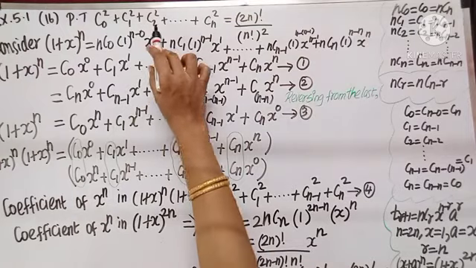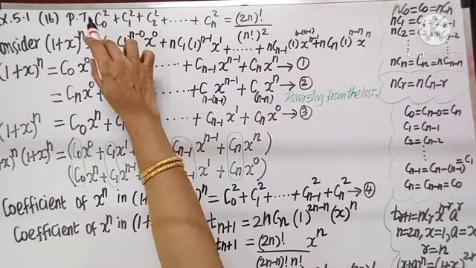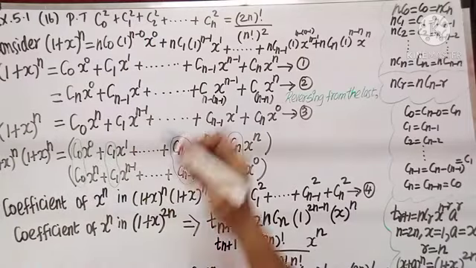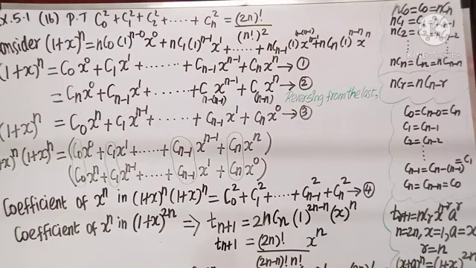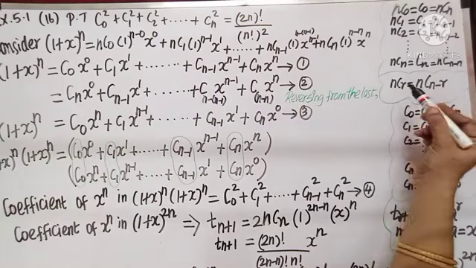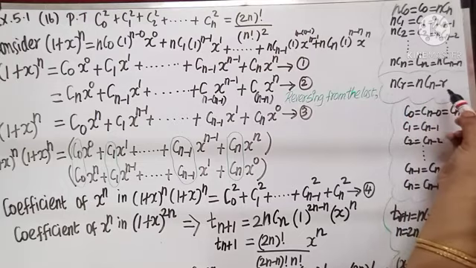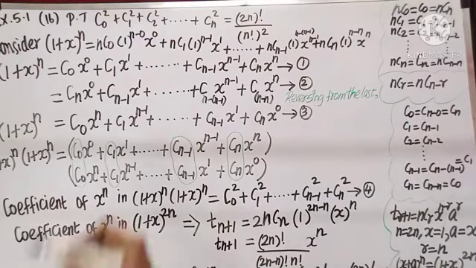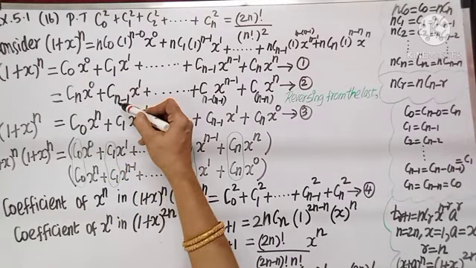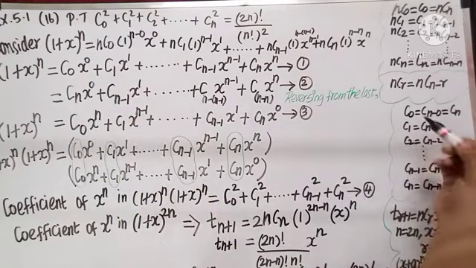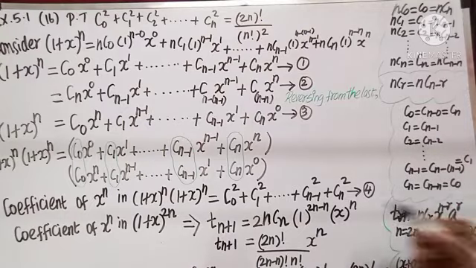The question suggests I want C0 square. So I need to multiply. Before multiplying, let us remember the formula: nCr is nC(n minus r). So C0 will become Cn, C1 will become C(n minus 1), and so on; Cn will become C0.